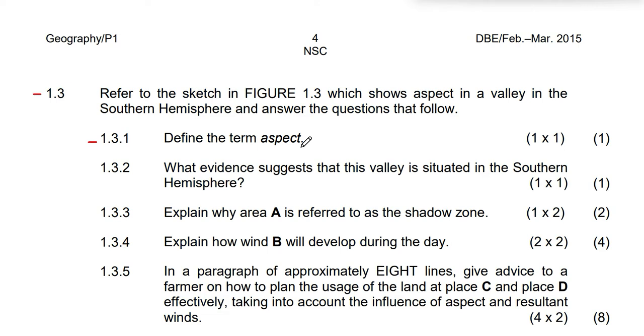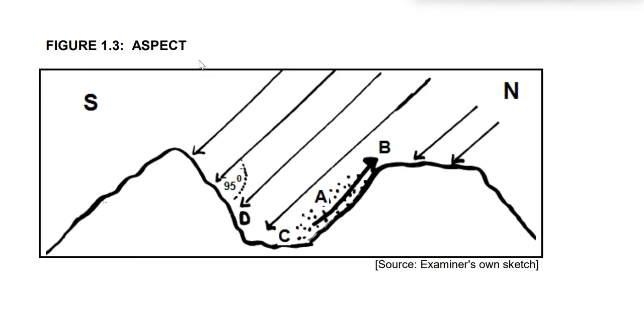Let's go to number 1.3.2. What evidence suggests that this valley is situated in the southern hemisphere? What shows that this valley indeed is situated in the southern hemisphere? You can see that this side is a south facing slope, and this side is a north facing slope.